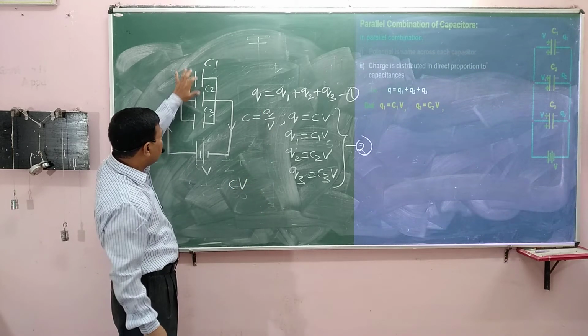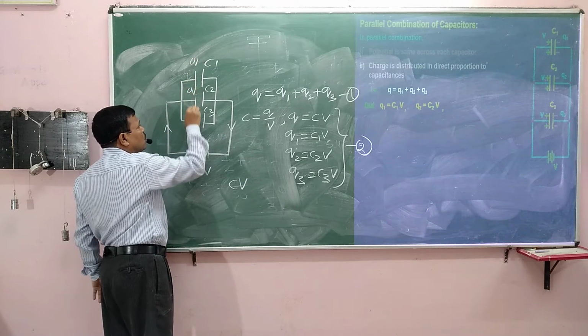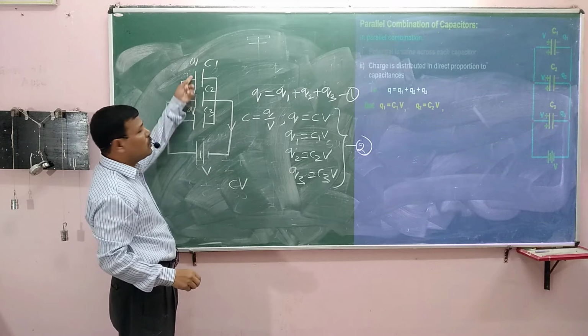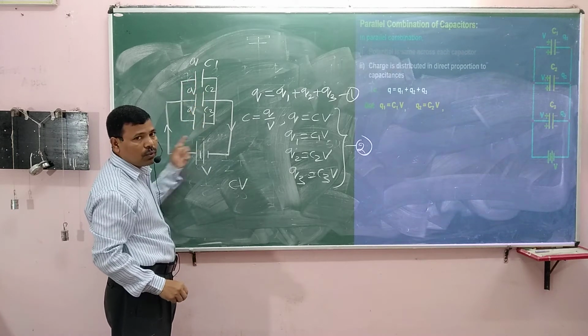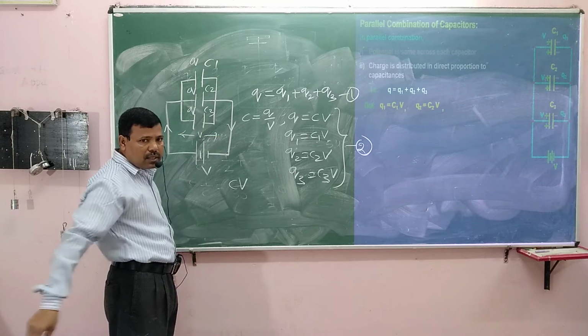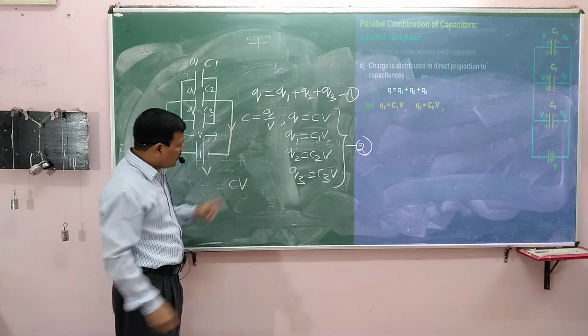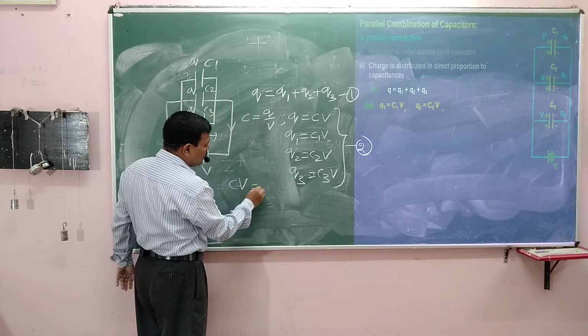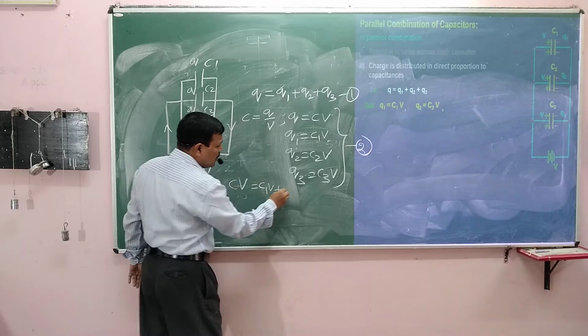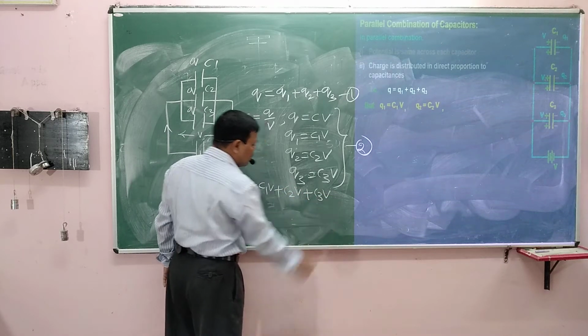Here, charge acquired by each capacitor is same. Q, this side plus Q, this side minus Q. Potential difference across each capacitor is same. So we put here Q equal to CV, then Q1 is equal to C1V, then Q2 is equal to C2V, then C3V.